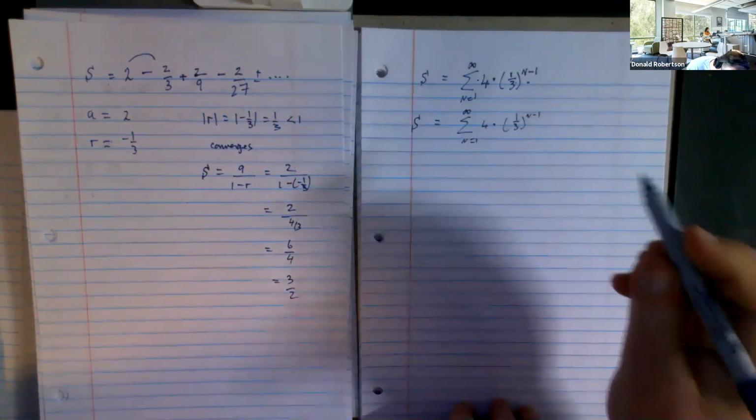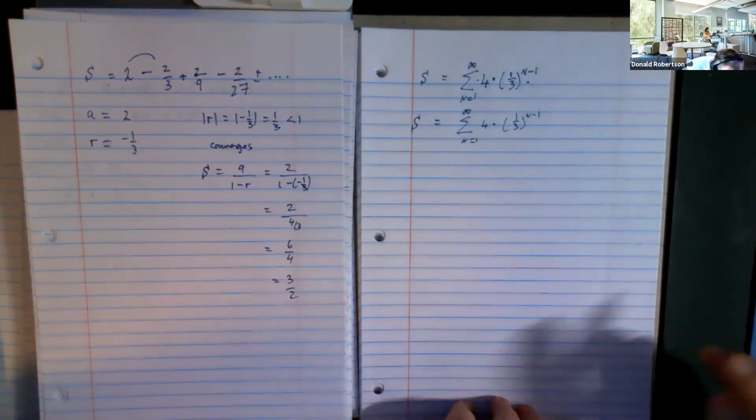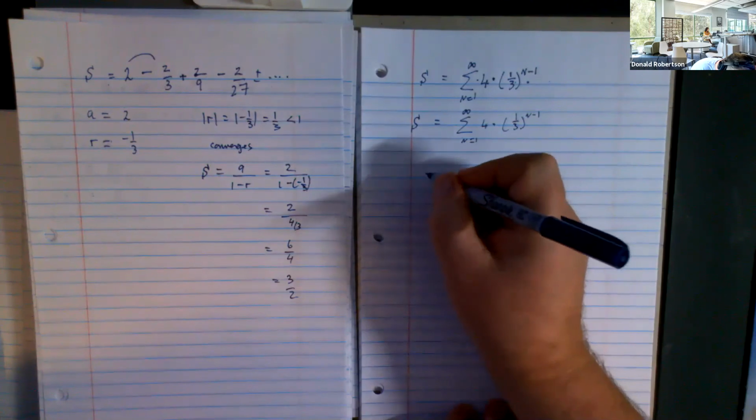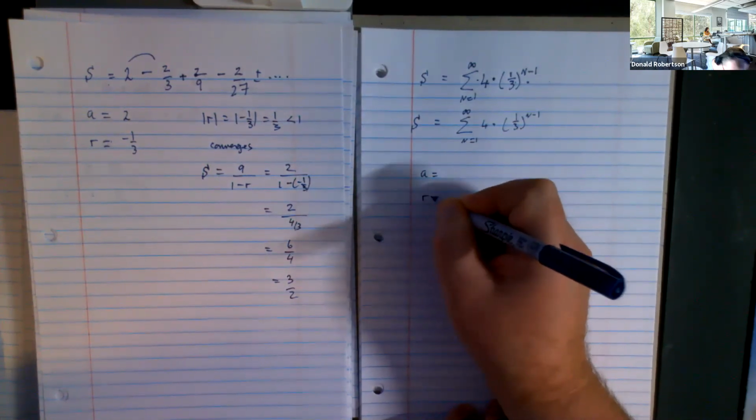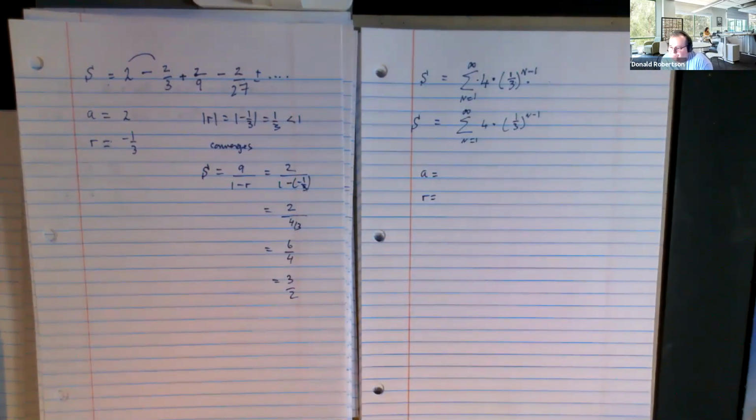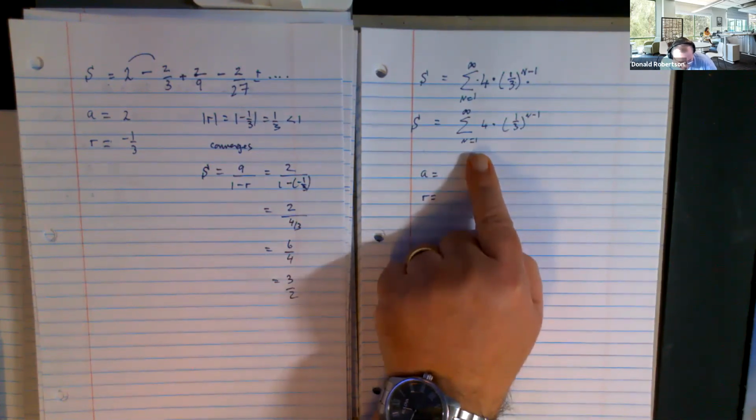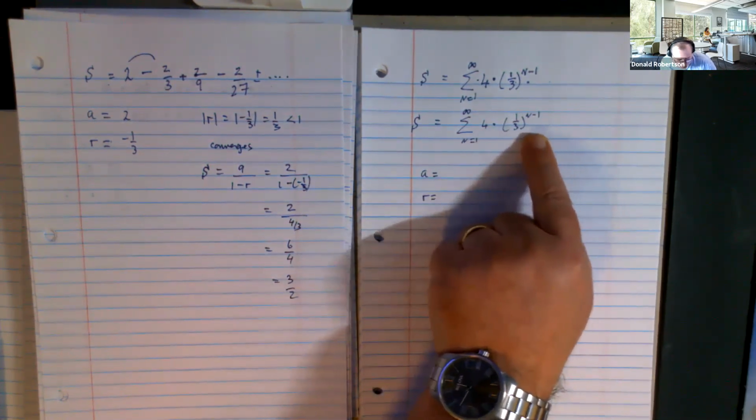The problem with sigma notation, until you get comfortable with it, is don't we need to know those two guys? That's all I really need to know. What is the first number, A, and what is the value of the common ratio? Great. So if you want to know what the first number is, don't you just plug n equals 1 into this?